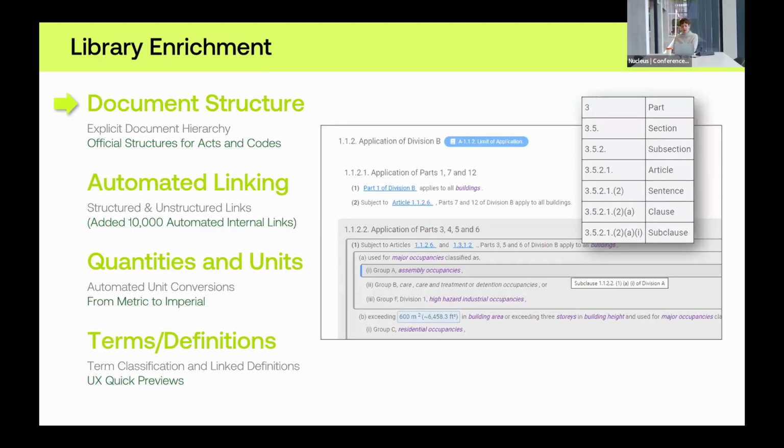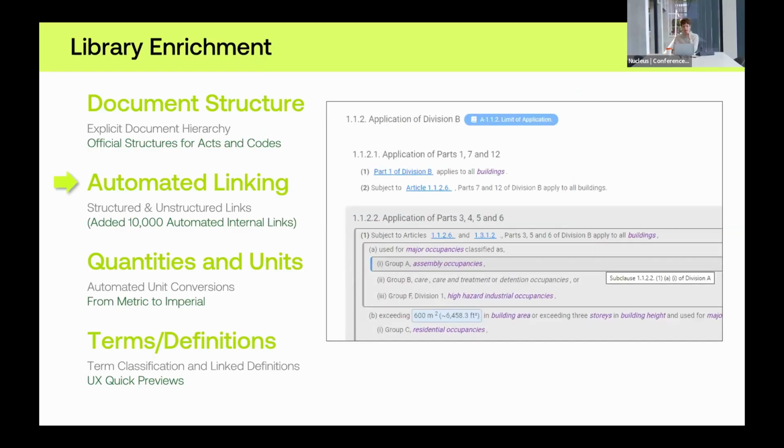So you'll see a little bit of that over at the right. Parts, sections, subsections, articles, all of those we have sectioned out so that you can work with them more individually and have an easier time copying that information out or looking to reference other information.